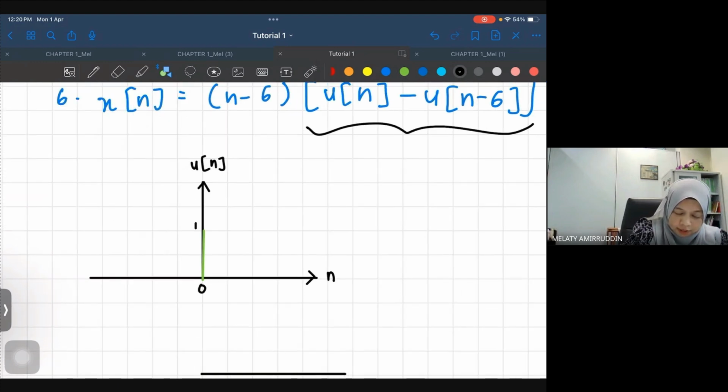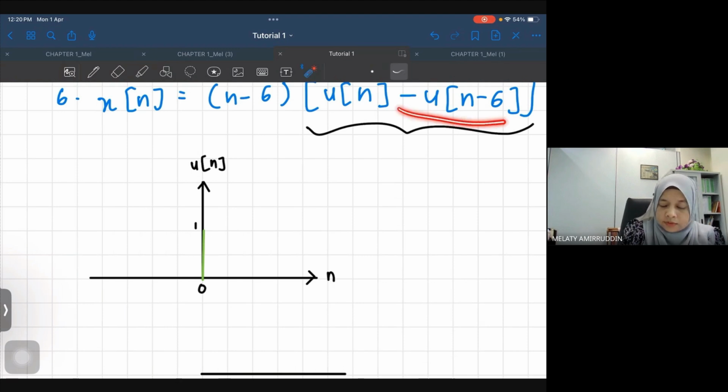And then we have n minus 6. You need to do subtraction here: minus u[n - 6].